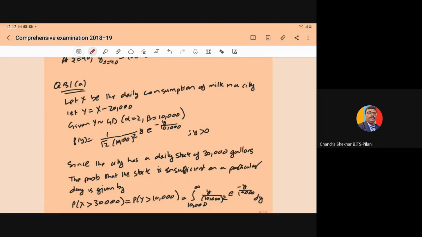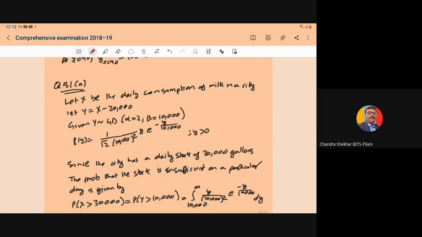According to the question we have another variable capital Y, which we define as x minus 20,000, the excess of 20,000, whatever the demand more than 20,000, which follows the gamma distribution. So Y follows the gamma distribution with parameters alpha equal to 2 and beta equal to 10,000.